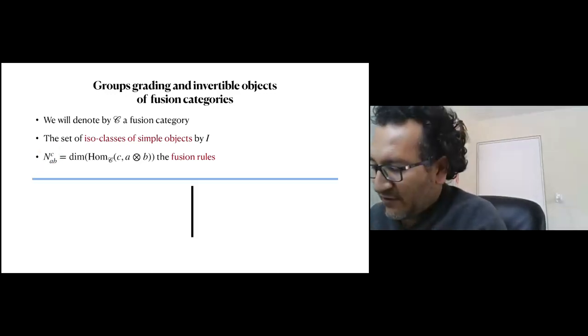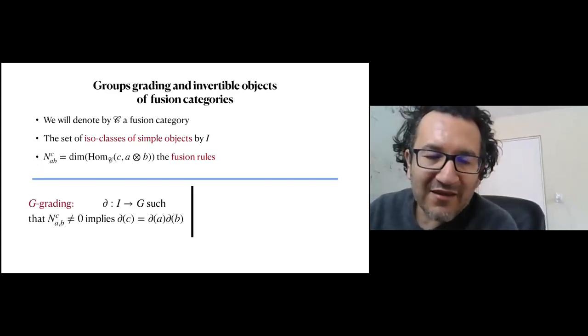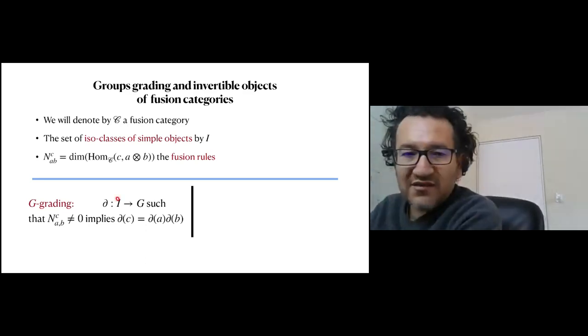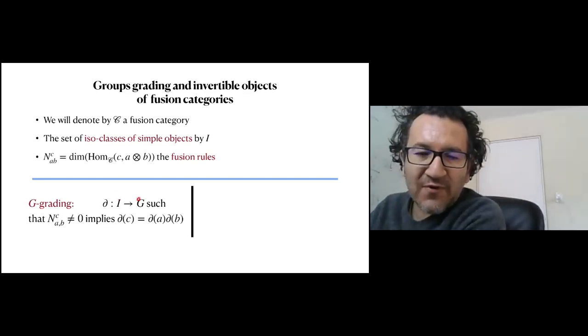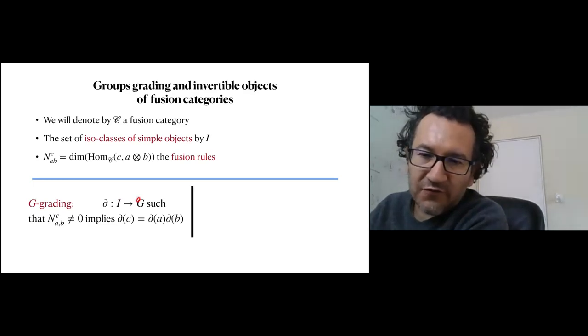One way to describe a grading is the following. A grading is a way to assign to the simple objects an element in a group in such a way that the fusion rules are compatible with the product of the group.